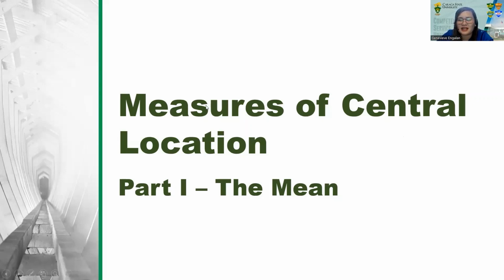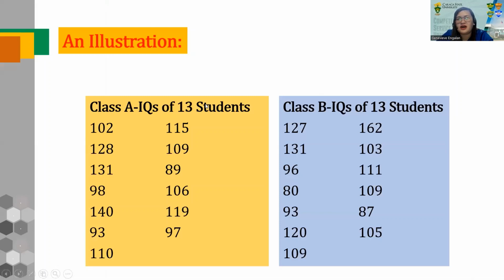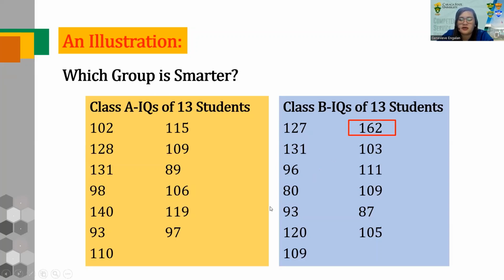Okay, so one of the reasons is when you compare groups of data or sets of data, for example, grades sa students sa class A or IQ sa students sa class A and IQ sa students sa class B. So if we look for kinsay mas bright sa ilang group, kung tan-aw nato ang highest IQ sa A is 140 only, while sa B naay 162.